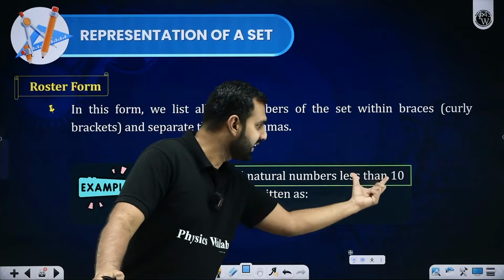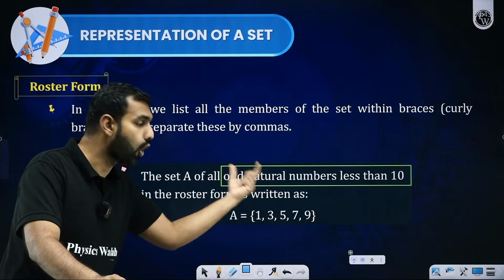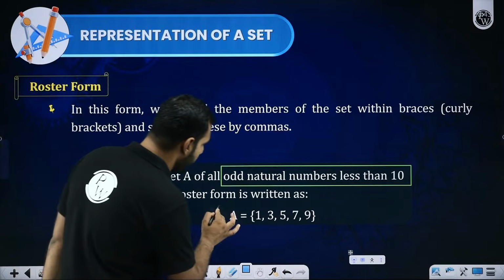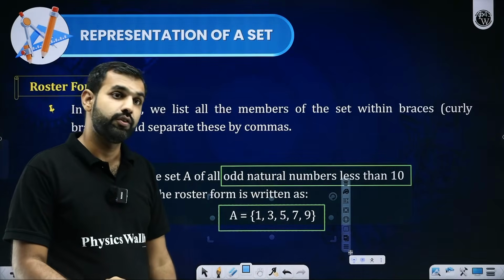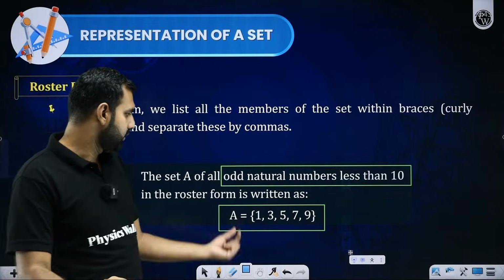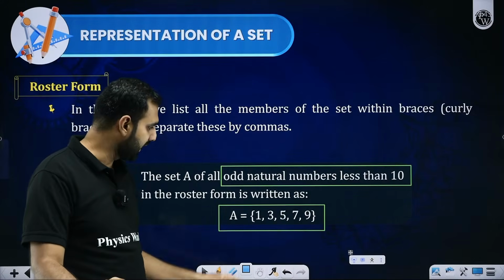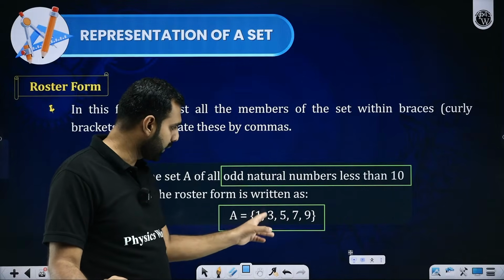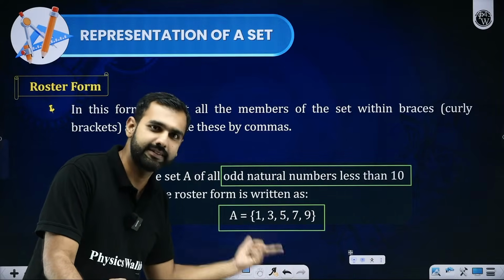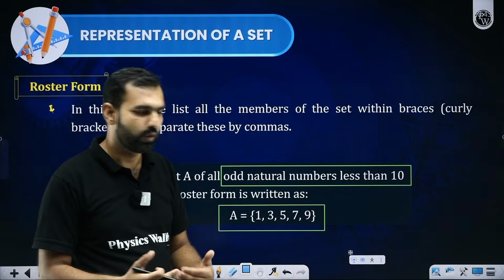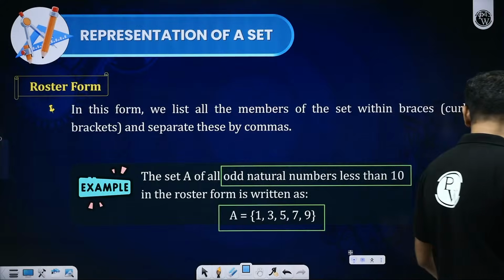The numbers which are less than 10, all the odd natural numbers. So all the odd natural numbers less than 10 are 1, 3, 5, 7, 9. So this is how we define the set A as curly brackets 1, 3, 5, 7, 9, odd natural numbers less than 10. Shall I move ahead from here, all the participants, if you have gotten clarity on this?